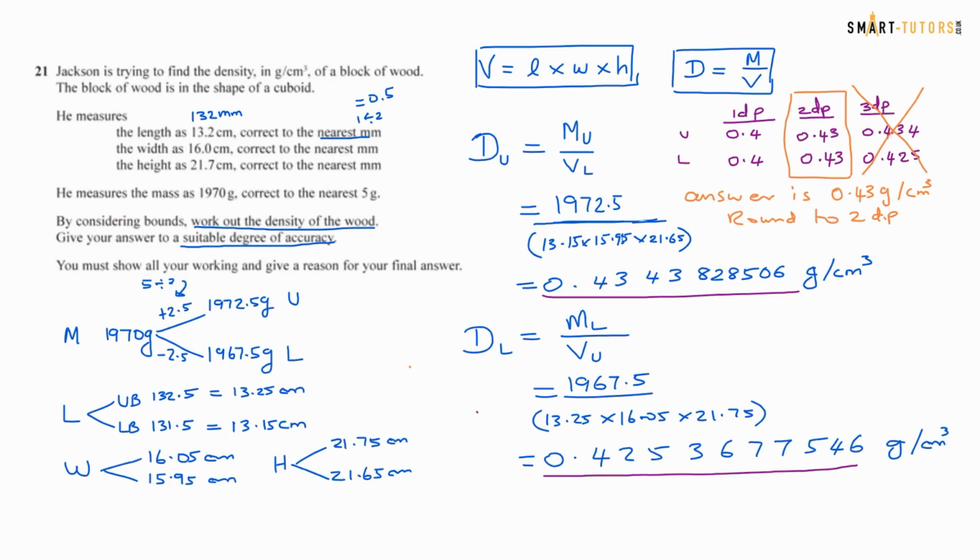So the answer is 0.43 grams per centimeter cubed, rounded to 2 decimal places.